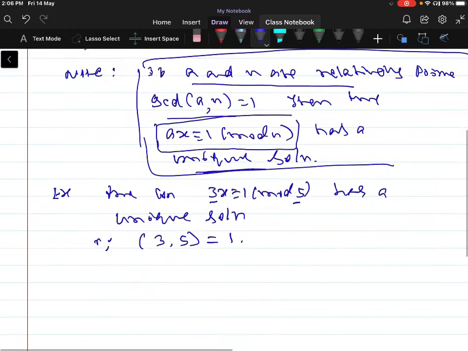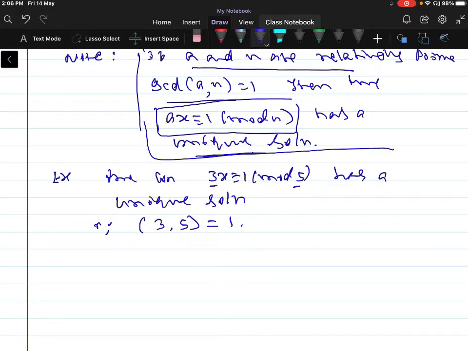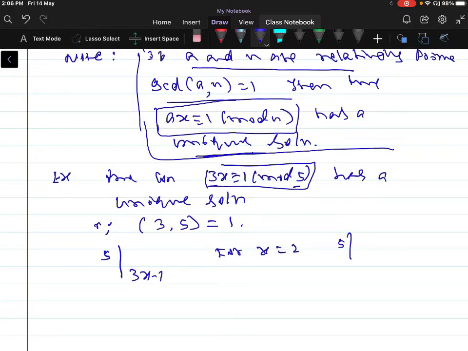Let us check that solution. So 3x is congruent to 1 modulo 5, so this implies 5 divides 3x minus 1. So for x is equal to 2, 5 divides 6 minus 1, this implies 5 divides 5. So therefore x equal to 2 is a solution of the given linear congruence.